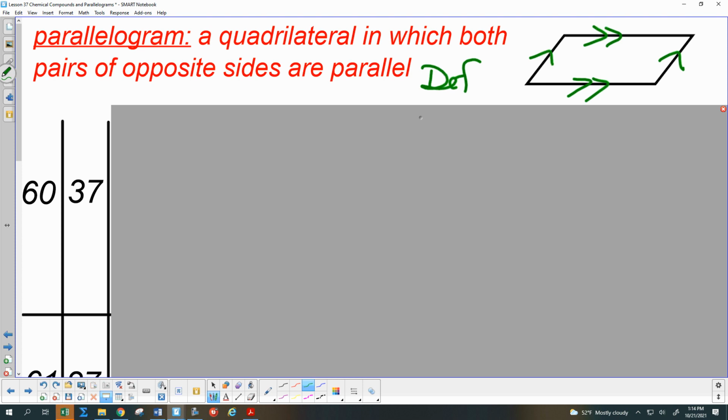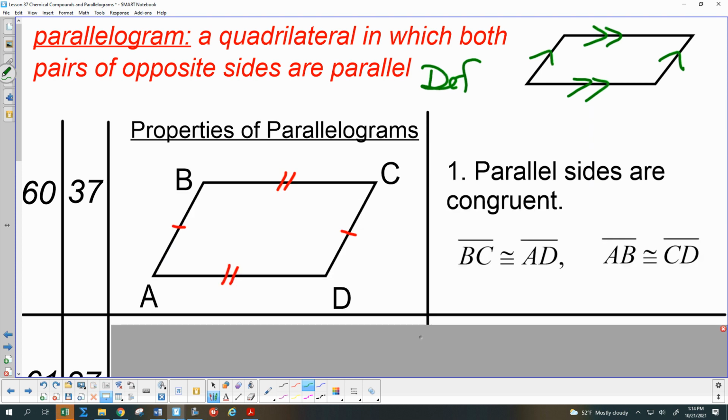That is our definition of the parallelogram. It has properties. The first property we're going to write down is that the opposite sides are not only parallel, but also congruent. The top is just as long as the bottom, the left is just as long as the right.